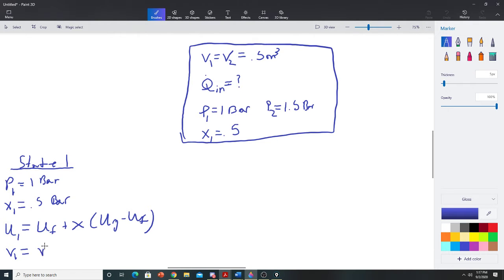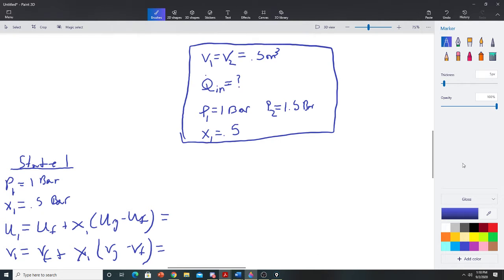And we also have the same down here: V_f plus x1 times (V_g minus V_f). So these two equations will result in the value we are looking for in our saturated condition. So we have to find our numbers here.